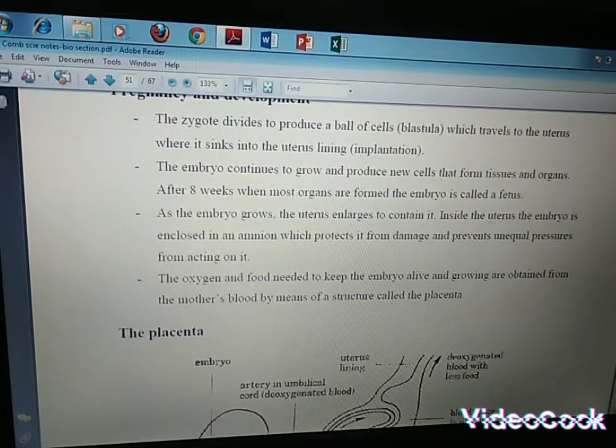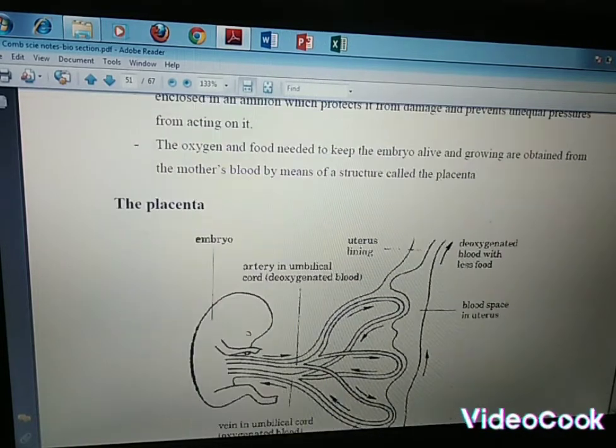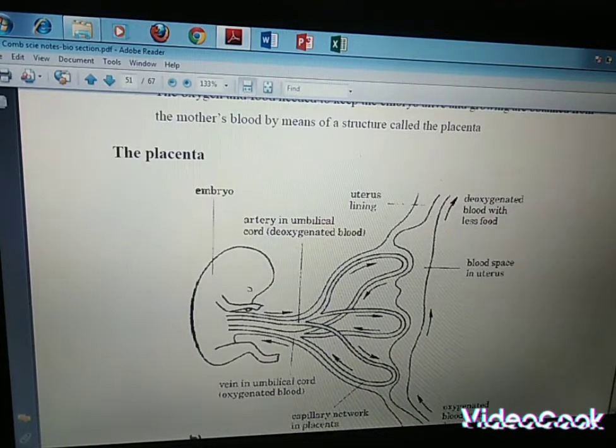Now we have what we call the placenta. The oxygen and food needed to keep the embryo alive and growing are obtained from the mother's blood by means of what? Of the placenta. That's how important the placenta is.